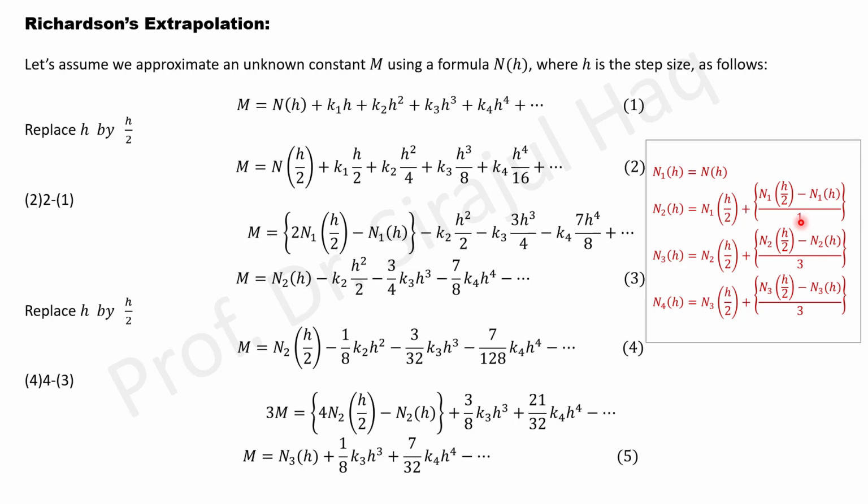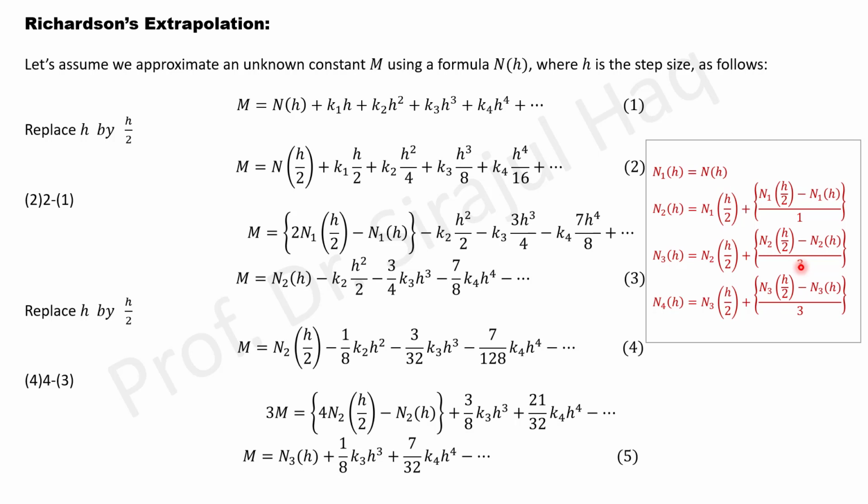And similarly, if I come to this term, n3 of h is equal to, can I write this as 3 n2 of h by 2 plus n2 of h divided by 2 minus n2 of h. So 3 divided by this 3 will become 1, and n2 of h divided by 2 minus n2 of h divided by 3, this will survive.